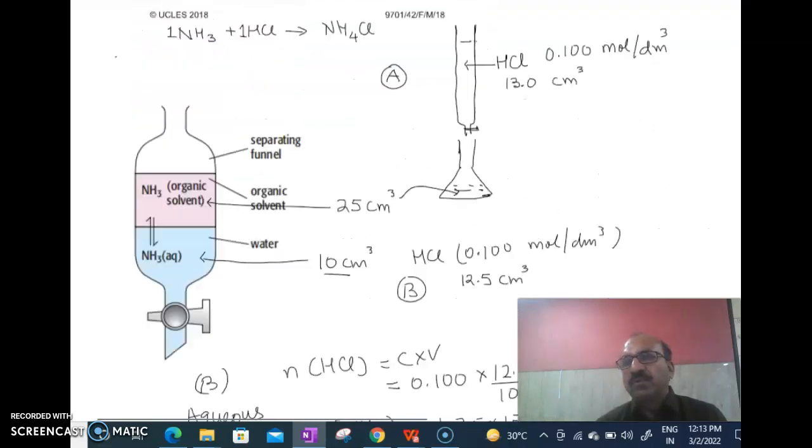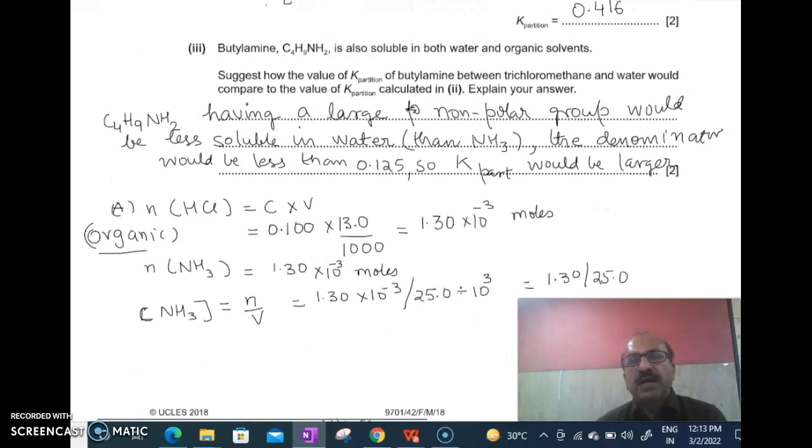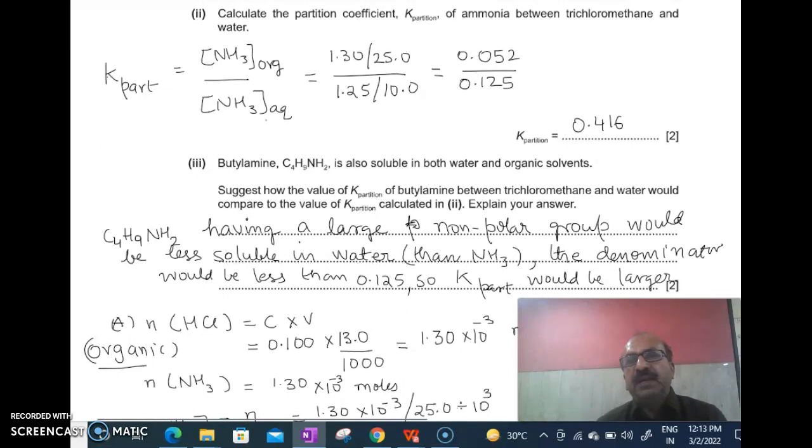Now we have got both the concentrations. The concentration of ammonia in the organic layer is 1.3 divided by 25, and in the aqueous layer it is 1.25 divided by 10. The ratio turns out to be 0.416, which is the partition coefficient of ammonia between the organic and the aqueous layer.